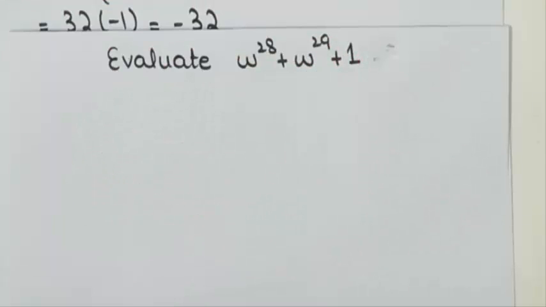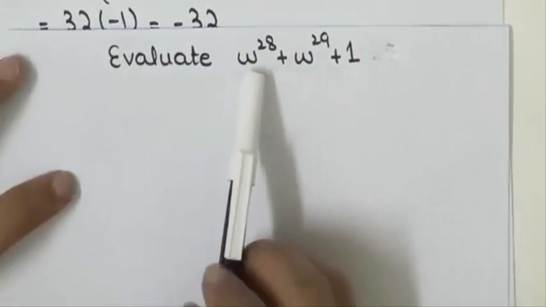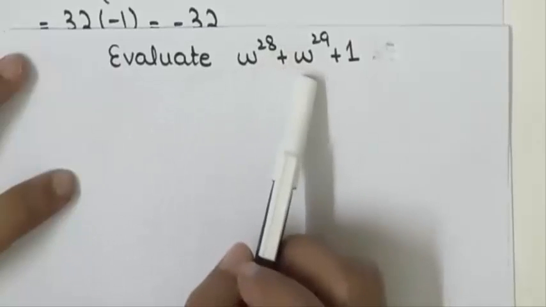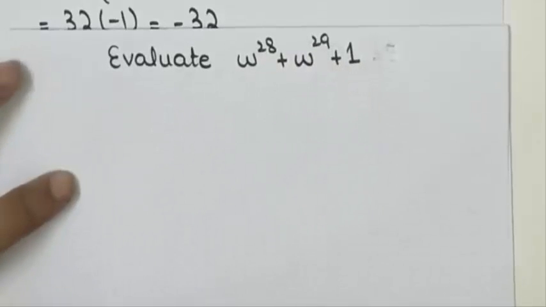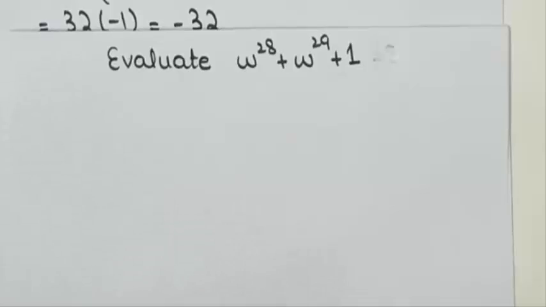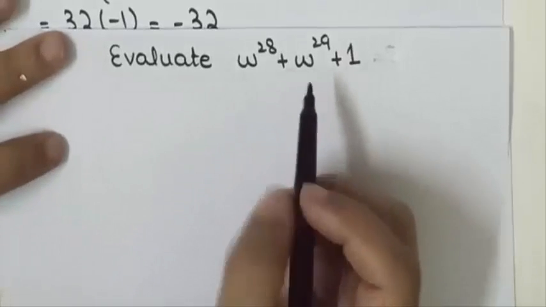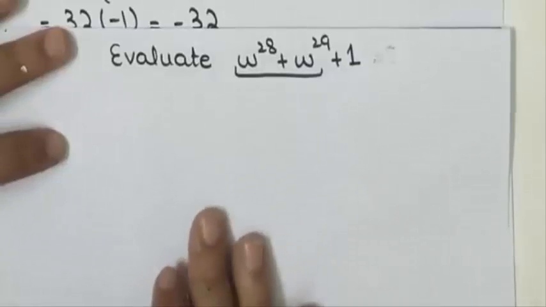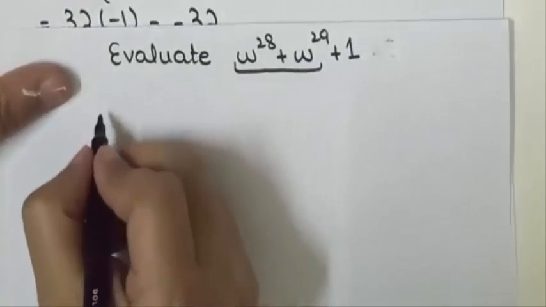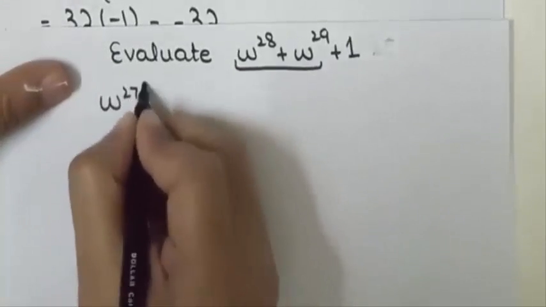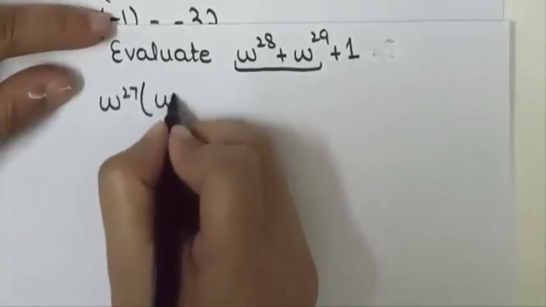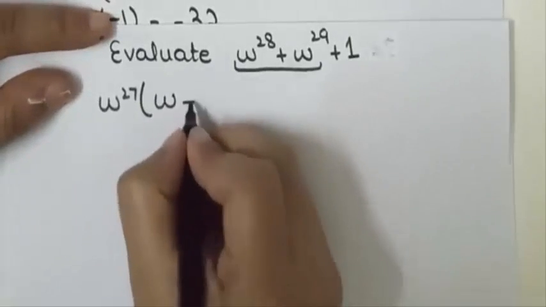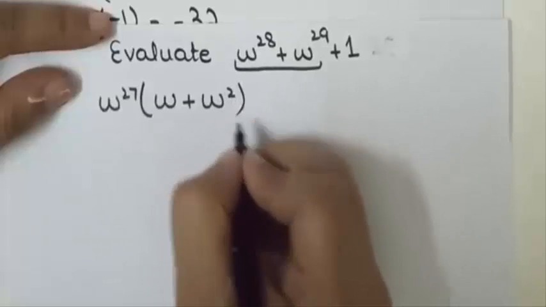So we have another question. Evaluate omega 28 plus omega raised to power 29 plus 1. We have to prove that this term is equal to 0. So we will take omega raised to power 27 common from the first two terms, omega 27, and we have left omega plus omega square.